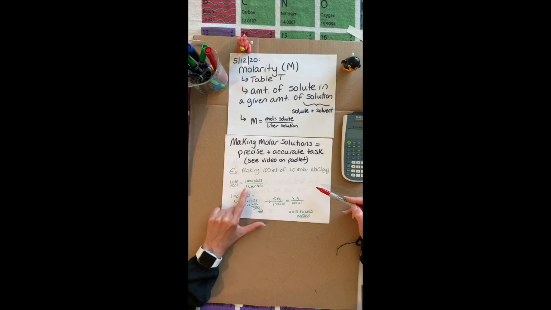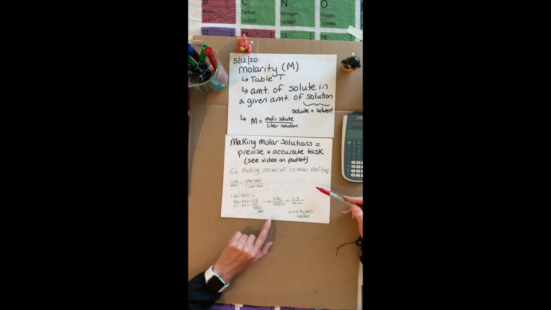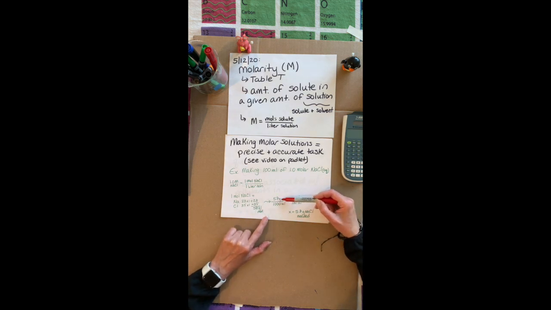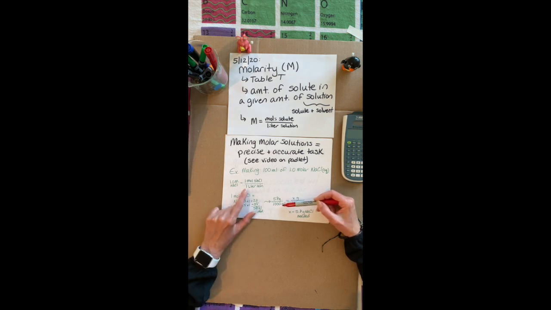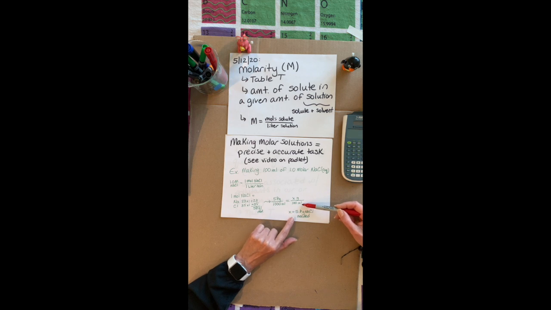Now, I don't want to make a liter. I only want to make 100 milliliters. So we know, though, 58 grams would be in 1 mole, and a 1 molar solution would have 1,000 milliliters, the equivalent of a liter. We only want to make 1/10 of that amount.